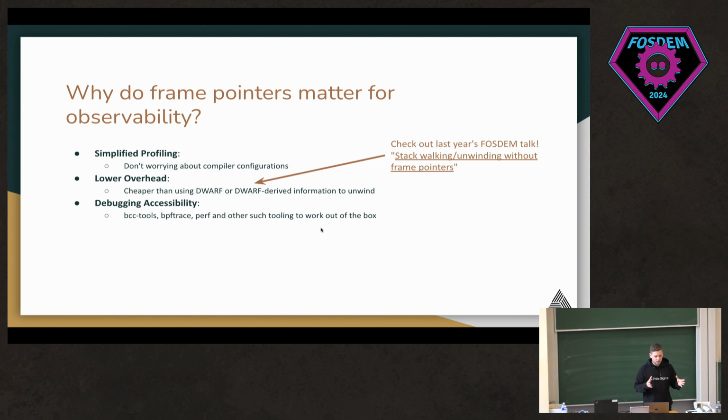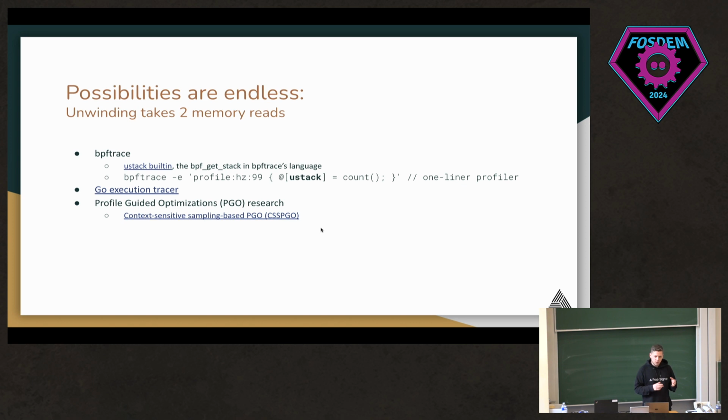And obviously, not only for the profiling use case, but if we have frame pointers in the executables, in those executing stacks, we can also use all the other debugging tools, right? Not only for profiling, we can use the bcc-tools, bpftrace, perf, etc., and they have the same benefits. Essentially, what that means is that the possibilities become a lot broader and more open, because we only have these two memory reads.